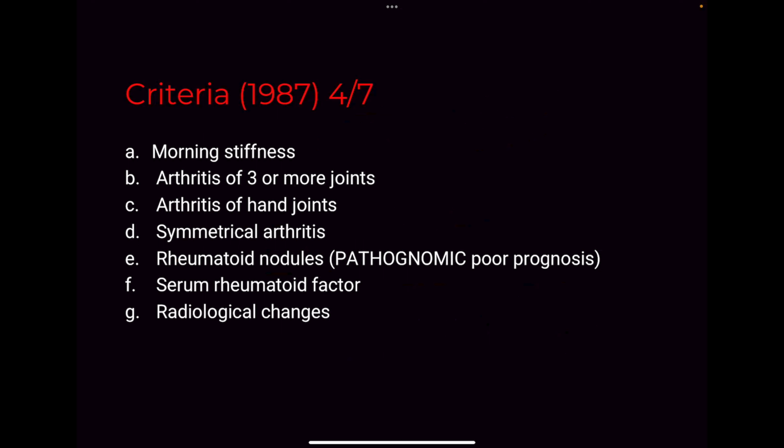I remember this criteria as 6 S and 1 R. The first S is stiffness, so stiffness more than 1 hour, and several joint involvement, by which I mean 3 or more joints, and small joint involvement, especially the hand joints, and symmetrical involvement, and swelling, by which I mean the subcutaneous nodule, the rheumatoid nodule, which is very pathognomonic for rheumatoid and usually indicates a poor prognosis, and serological factors like rheumatoid factor positivity.